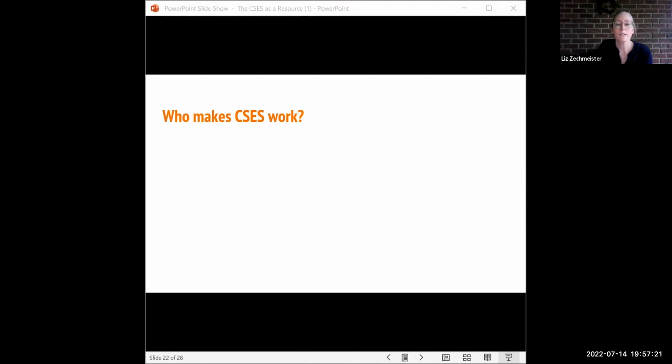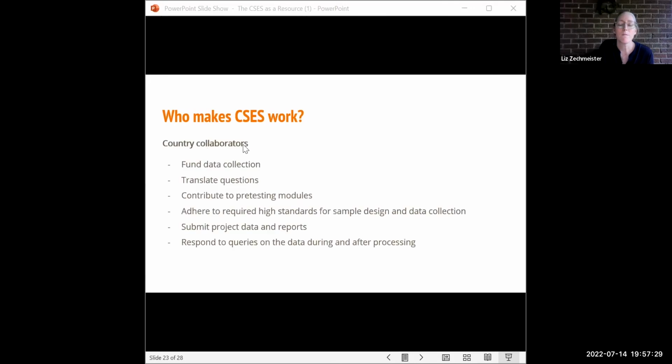So how does CSES work, or who are these people who are contributing and making it work? The first group of really important people are the country collaborators. So this is a data set that is compiled by an effectively decentralized process where country collaborators volunteer to fund data collection.